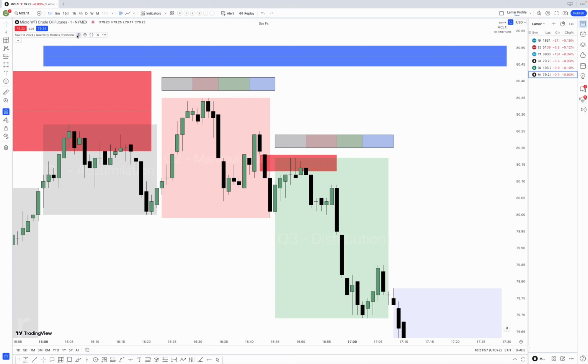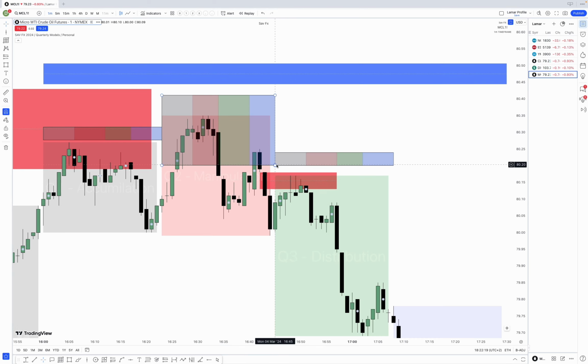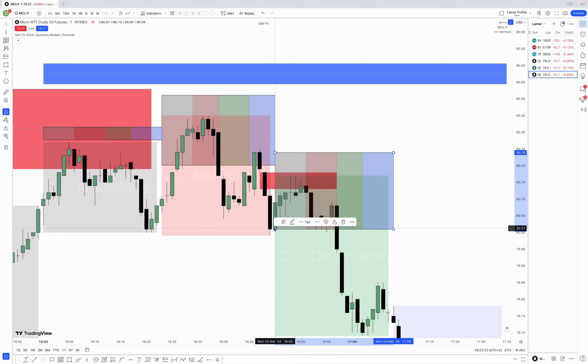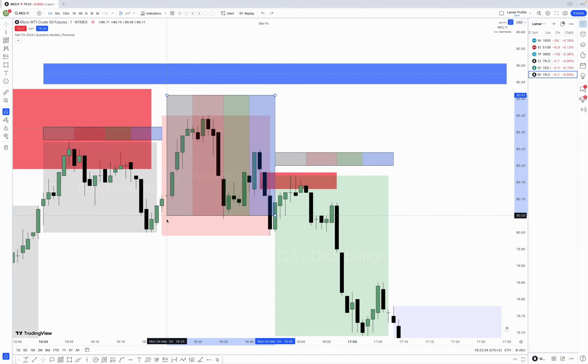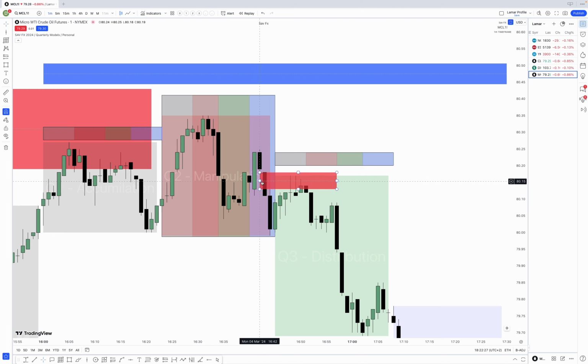So if I can do this, let's do this. Copy from this cycle right here. See where price reacts within Q1 of Q3. If I drag the previous cycle lower, like this, and we do this, look at what's within the range.